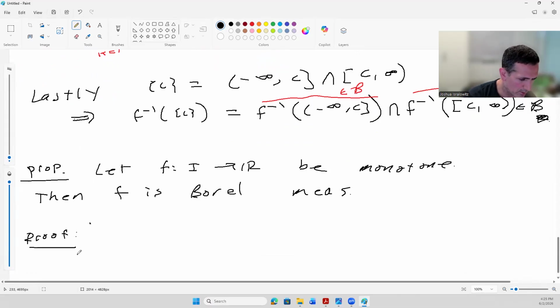Okay, the proof is very easy. Let's assume F is increasing, not necessarily strictly increasing, but increasing. You can do the decreasing proof almost the same.